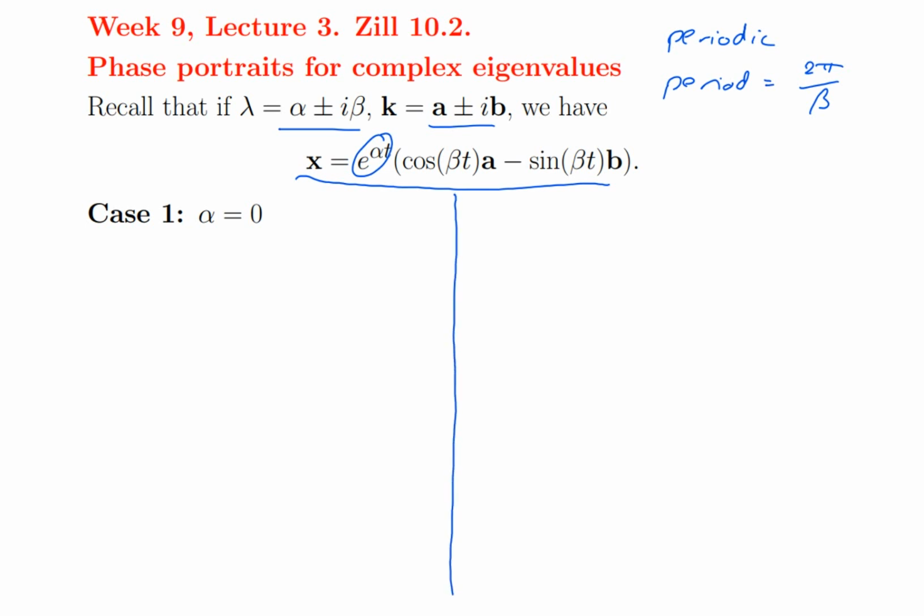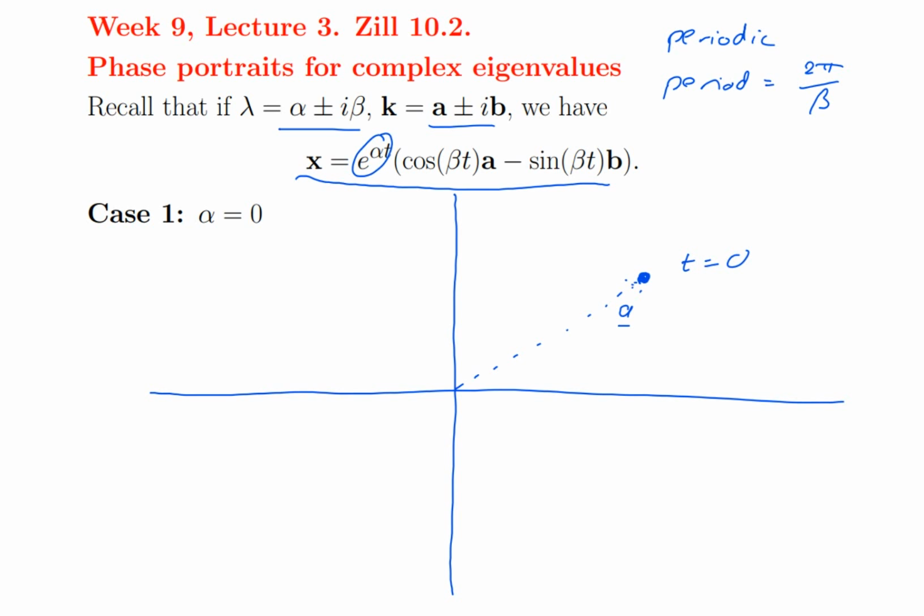So what's it going to look like? When t is equal to 0, cosine of 0 is 1, and sine of 0 is 0. That means I'm just at the point A, so let's suppose vector A is in this direction. There is vector A, and this will be t equals 0. Where am I after a quarter period?